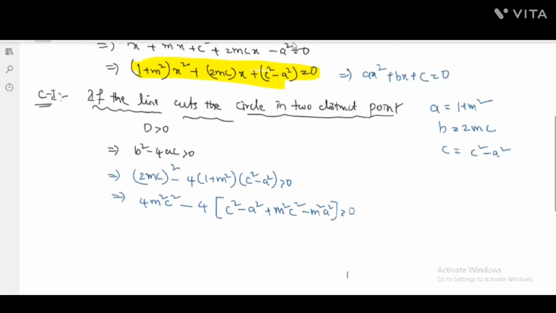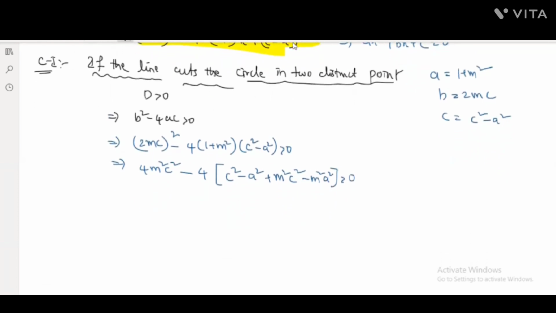Let's take the 4 common, and if we send it to the other side, it divides with 4, and 0 by 4 is 0. The remaining is m square c square minus c square plus a square minus m square c square plus m square a square is greater than 0. Here, m square c square minus m square c square gets cancelled.